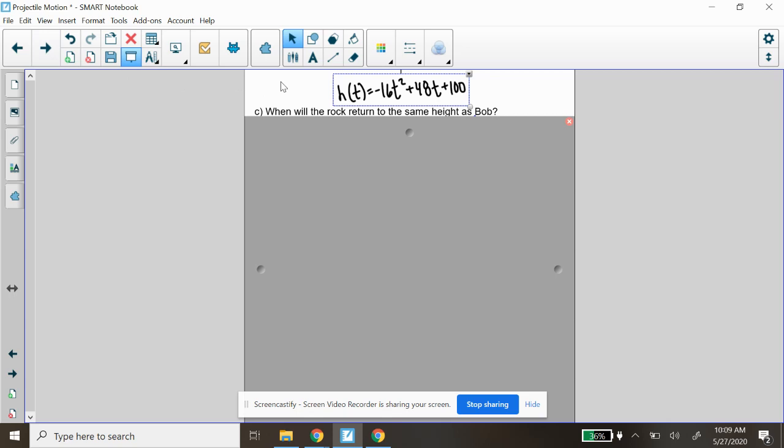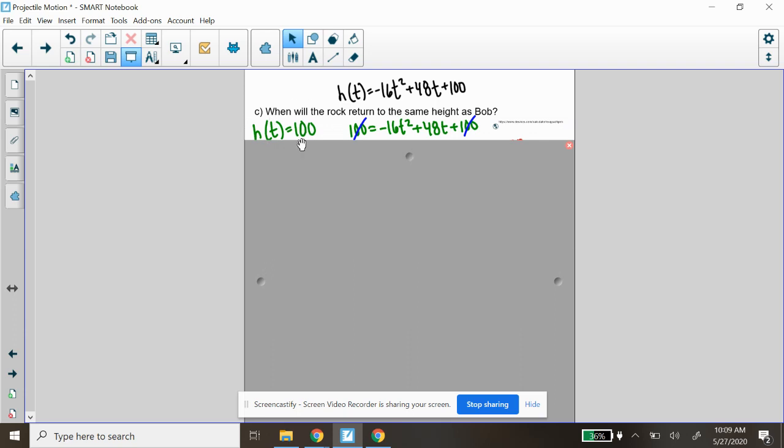All right, the next question says, when will the rock return to the same height as Bob? What this is asking is h of t is going to equal 100, because that's the height at which the rock started. In my equation, I'm showing the equation equal to 100, but in the blue, I've canceled out the 100, because it's the same on both sides.